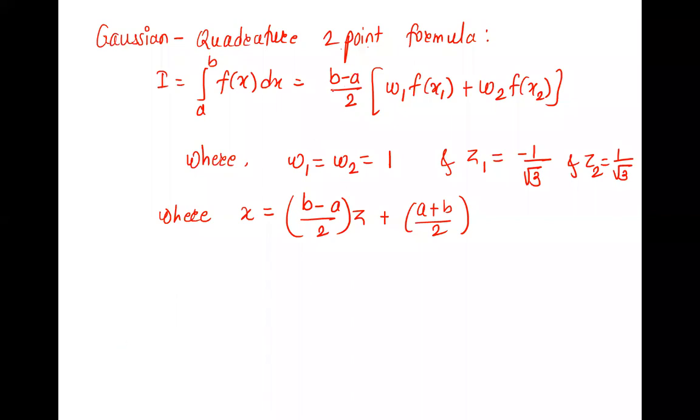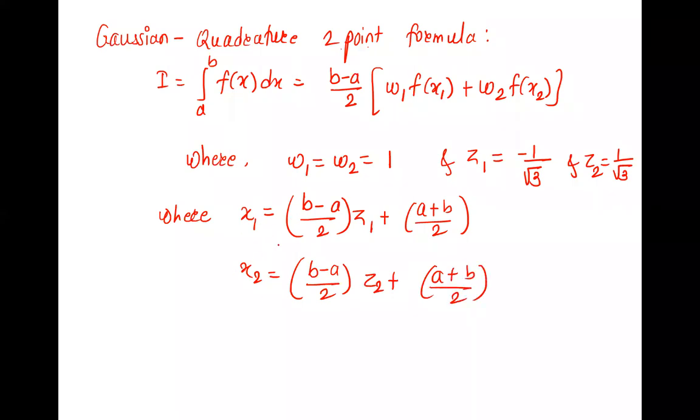So 2 point is (b minus a)/2, w1 f of x1 plus w2 f of x2. You have to put values here, but we have w1, w2, z1, z2 and not x. So x can be found by using the value of z. So x1, you will define z1, and we'll need x2 also, and x2 is ((b minus a)/2) into z2 plus (a plus b)/2.